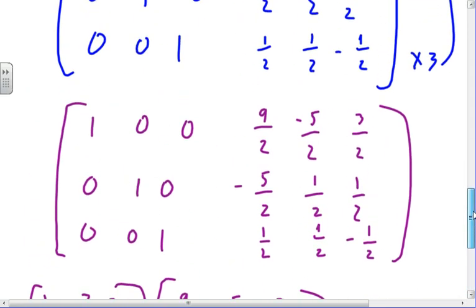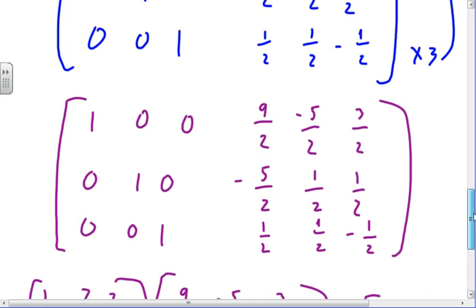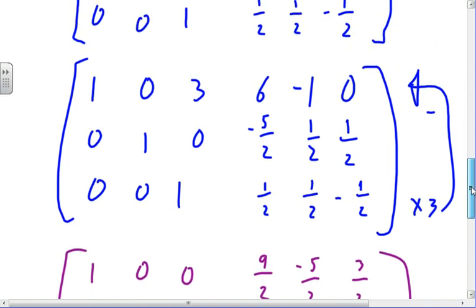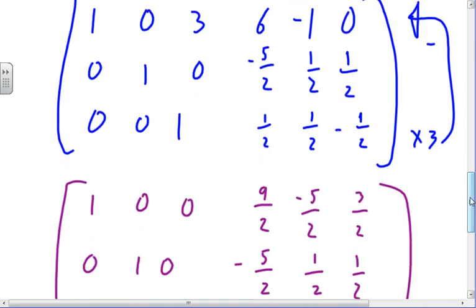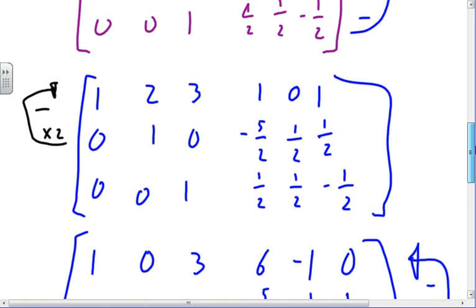The top right guy. This guy here? Yes. What do you think that should be? Half. All right, well, there's a 0 sitting here. There's no 0 sitting there.